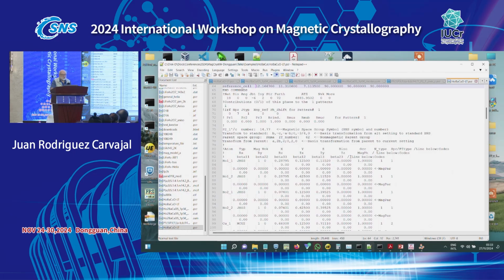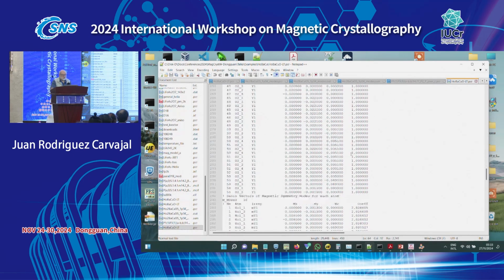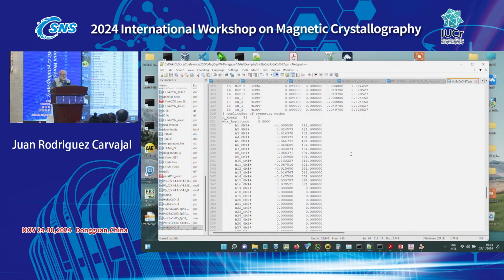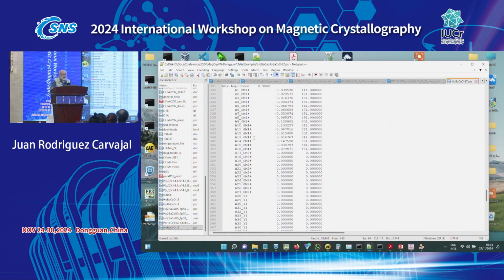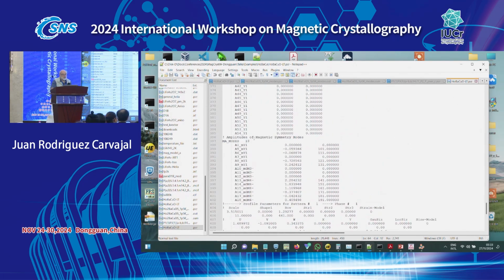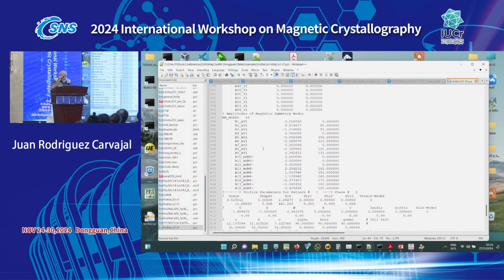This is amplitude of, yes, it's the R magnetic here. The important one is this MGM4 minus here.